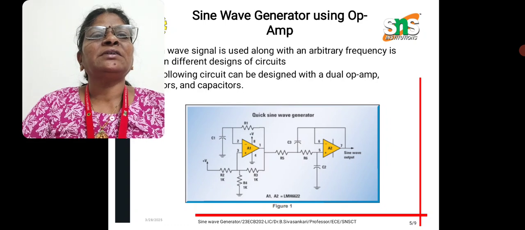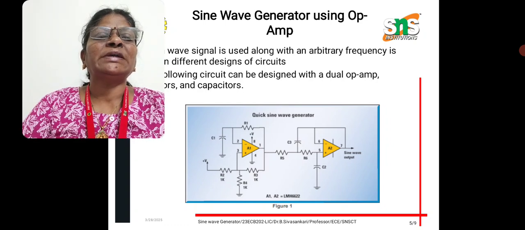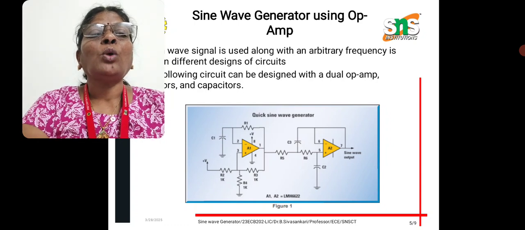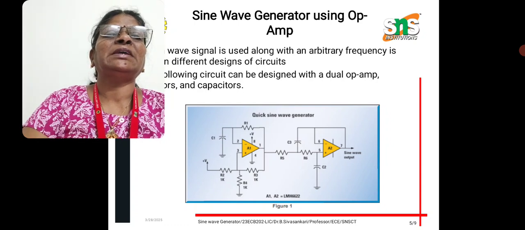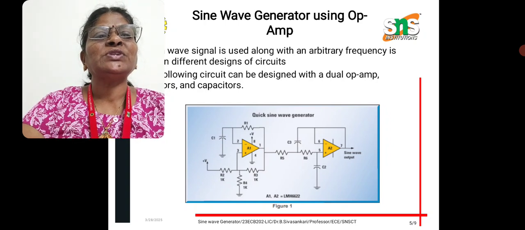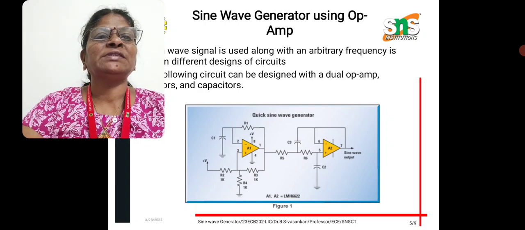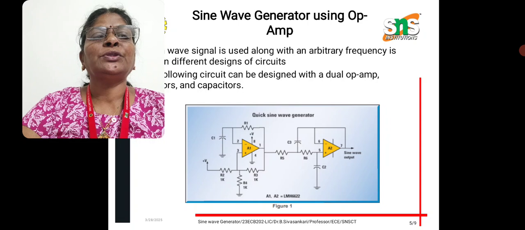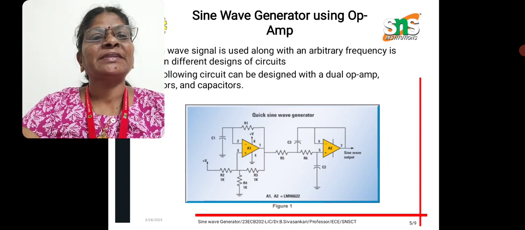And next, we have discussed the sine wave generator in general. So how is the sine wave generator implemented using an op-amp? The sine wave signal is used along with an arbitrary frequency, in different circuit designs. This is the circuit which can be designed with dual op-amps, resistors and capacitors.